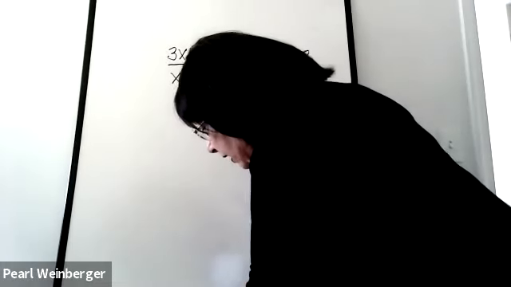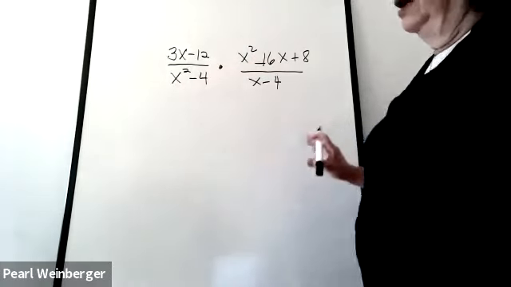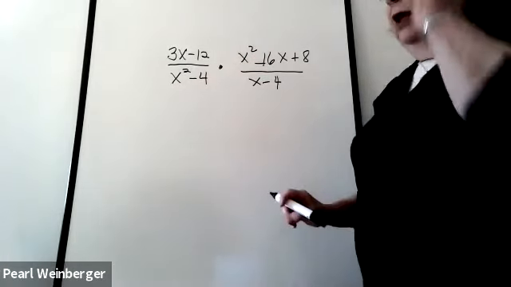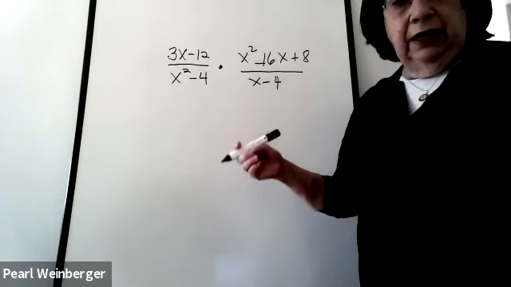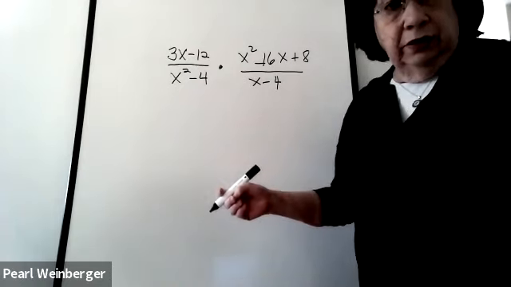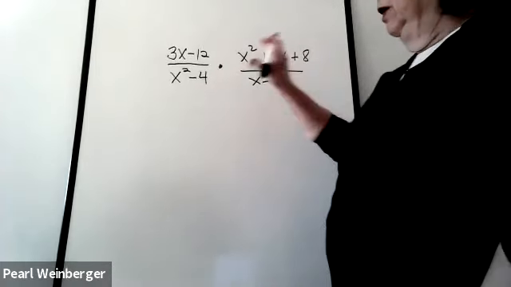Okay, this is again two rational expressions, and we're multiplying them. And since these have polynomials, the first step we're going to take is to simplify by first factoring everything we possibly can.